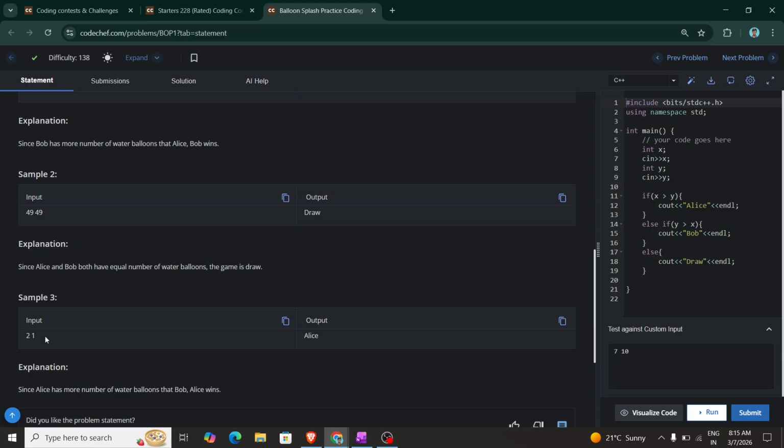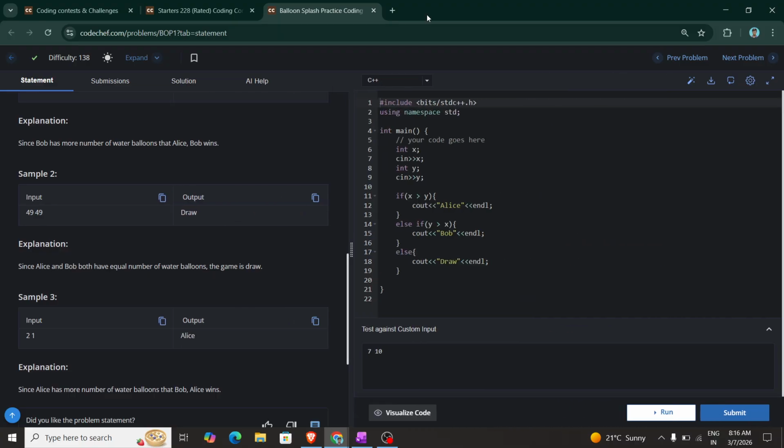Similarly, in the third test case, Alice has 2 water balloons and Bob has one water balloon, and as you can clearly see, Alice has one water balloon more than Bob. That's why Alice is the winner.